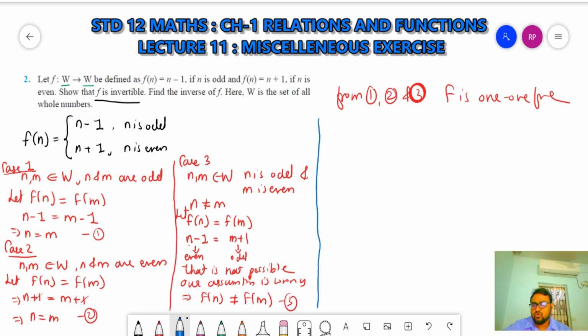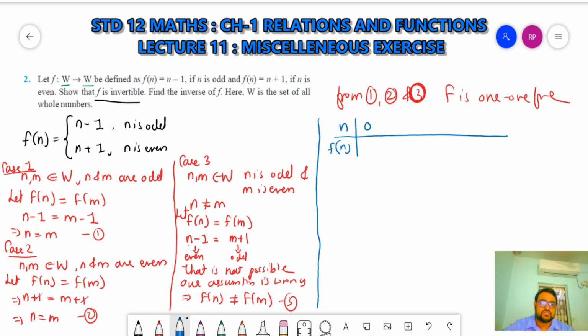For onto, if the range is equal to the codomain, then it will be an onto function. So let's see what we take, n, and what we get, f(n).